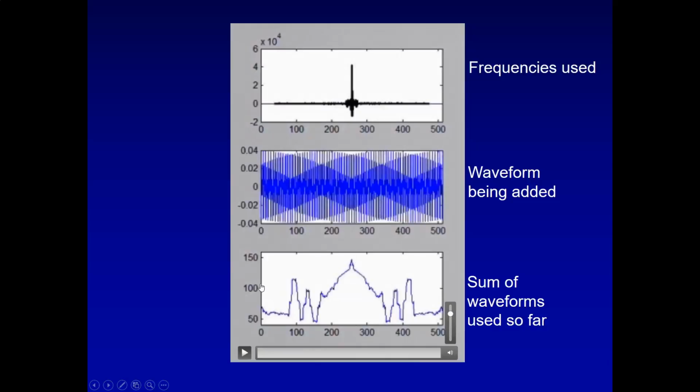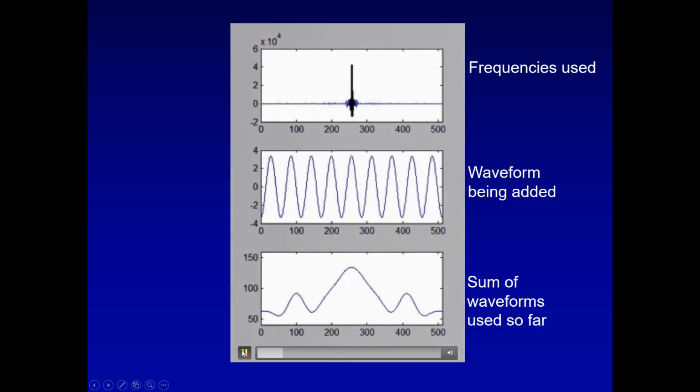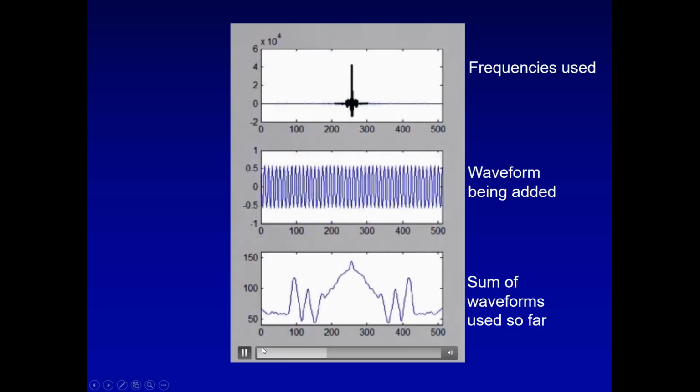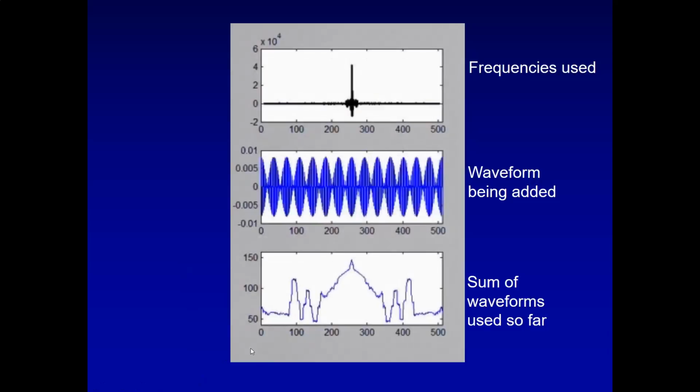There. So I will run that again. We're starting at the middle. And at the center, all you can tell really is the size of the object. If we want to know the details about the object, then we have to go look at the higher and higher frequencies.